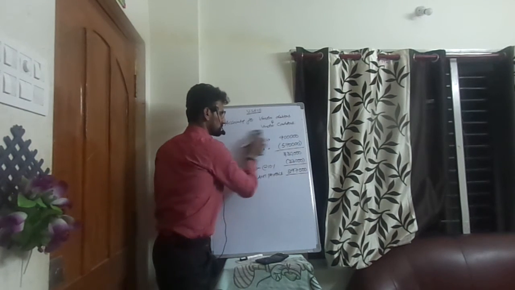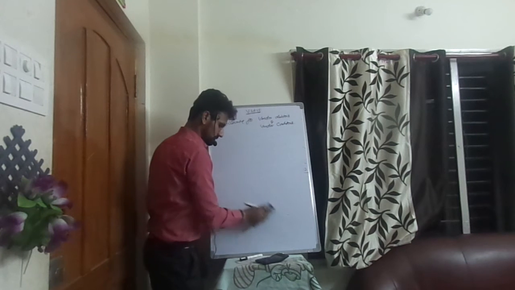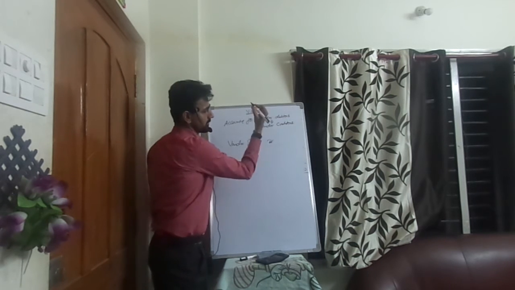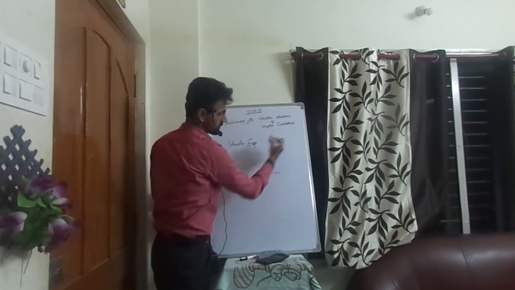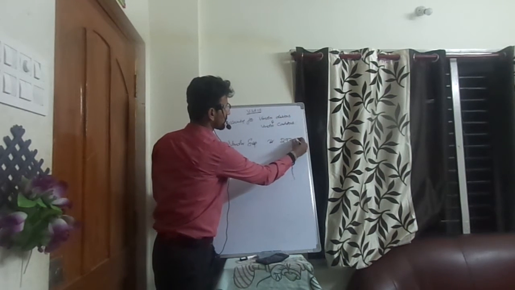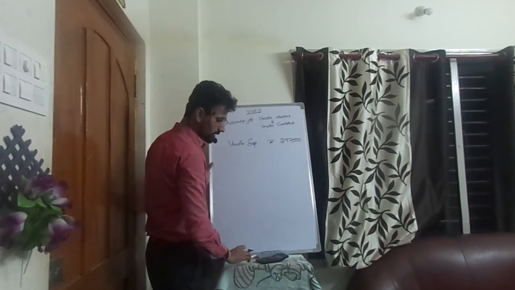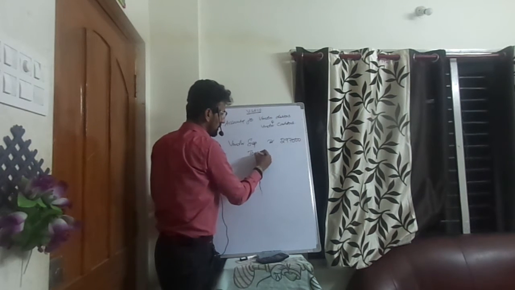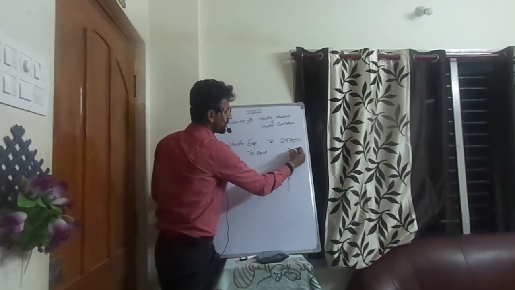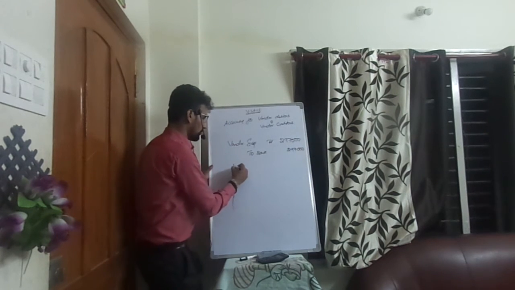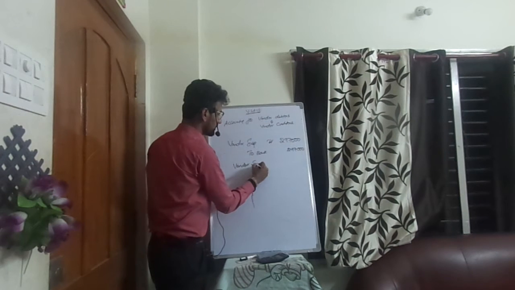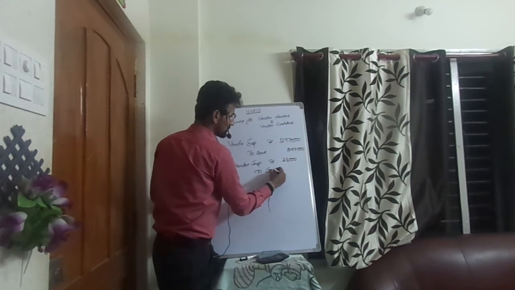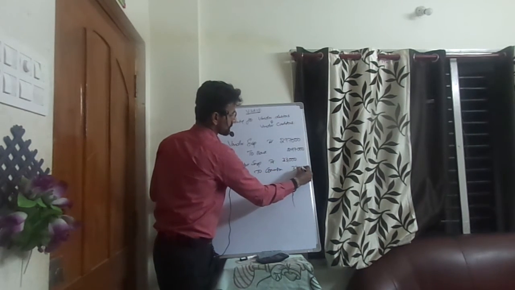How do we account for it? Vendor suspense, which is 2,97,000, which is 3,30,000 minus 10%, to bank, you pay 2,97,000, and vendor suspense 33,000 to commission 33,000.